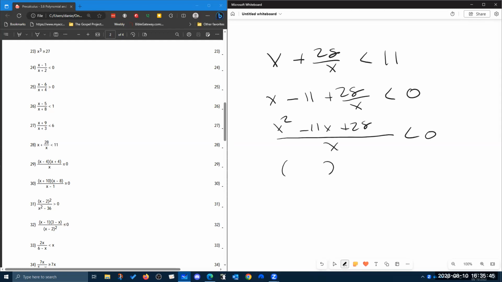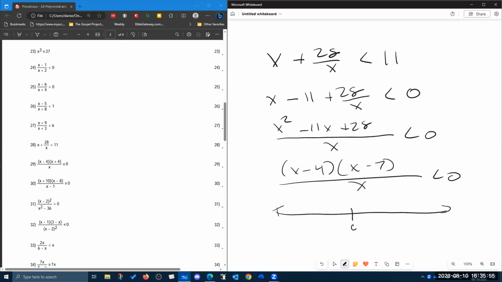We're going to factor. I'm going to eliminate what makes my denominator 0. And then I've got, these are not included because there's no "or equal to" there for this problem.